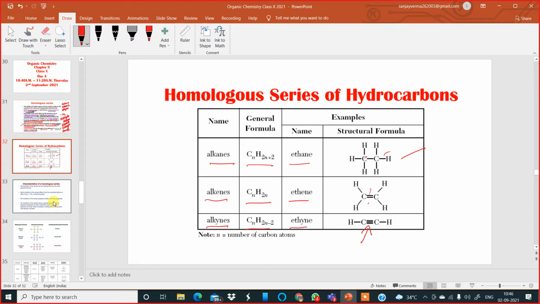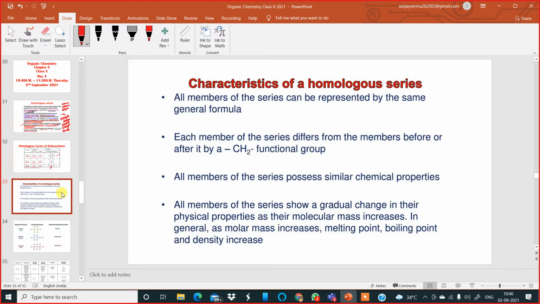Now, further, with regard to the characteristics of a homologous series, all members of the series can be represented by the same general formula. They will obey the same general formula of a particular homologous series. Each member of the series differs from the members before or after by a CH2 group, one carbon atom and 2 hydrogen atoms.